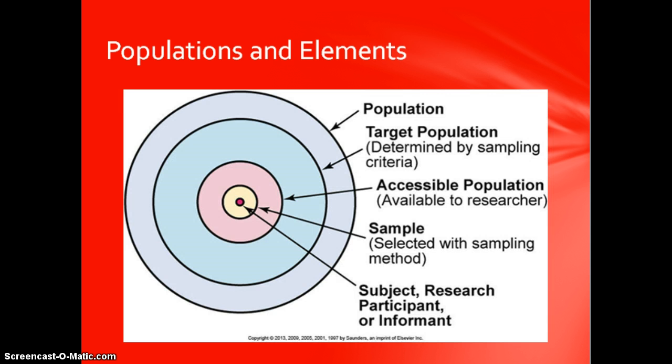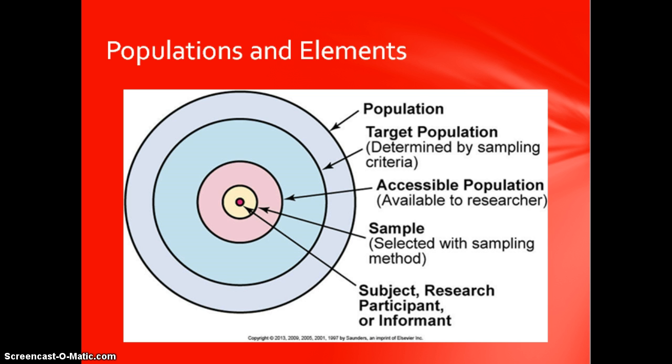This slide has a diagram that better explains how the population is broken down to the actual research participants. So you start out on the outside with the big circle of the population, then it narrows down to the target population, and this is determined by the sampling criteria. This is determined by what you want to include within your sample.